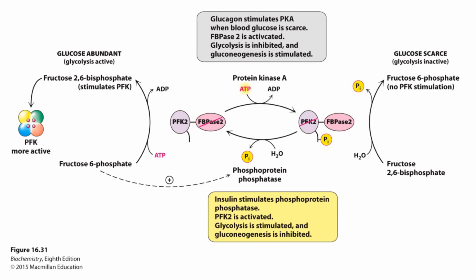Say that we have lots of glucose, then dephosphorylating this complex is going to activate the PFK2 part, which is going to up glycolysis, get rid of more glucose, and break it down into different kinds of things. Does that make sense? Any questions? Yeah. Insulin is secreted when you have high blood glucose, right? So if you have a lot of glucose, it makes sense that you're going to want to do some glycolysis to lower that blood glucose.